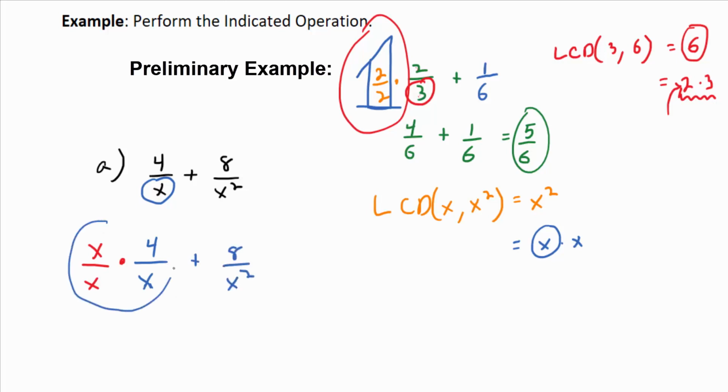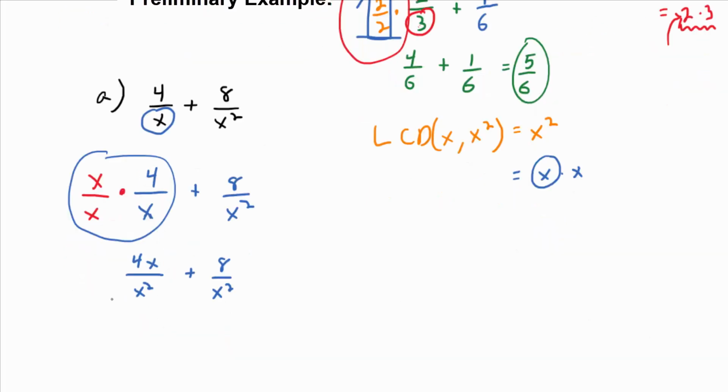Multiply straight across, what do you get? 4x over x squared plus 8 over x squared, and you add these together. So you combine the numerators. What do you get when you combine the numerators? Now this is one where you truly have to show this, 4x plus 8, because they're not like terms. In fact, you have to leave it like that, don't you? So you get 4x plus 8.